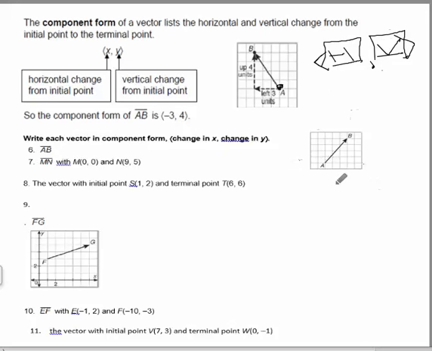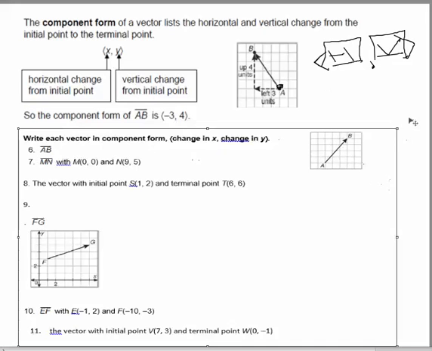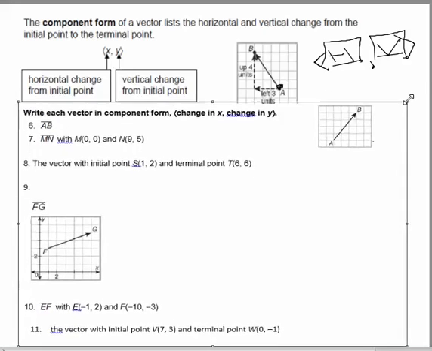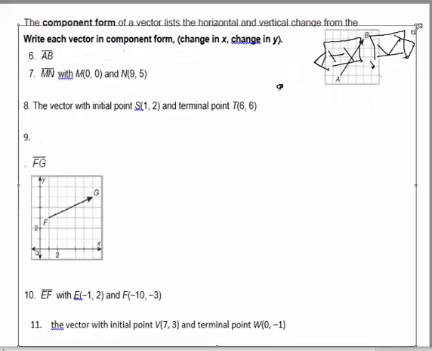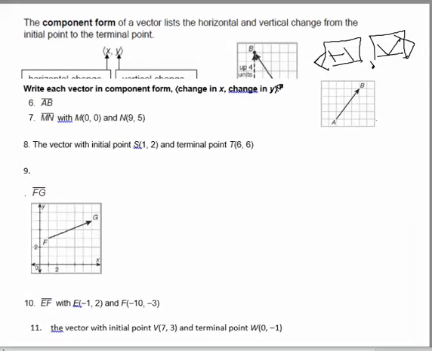Here's an example. They've got a graph here, and this vector AB is drawn here. I'm going to make it a little bigger for us. They want us to write it in component form. We can see that A is the initial point because it doesn't have an arrow on it, and B is the terminal point.